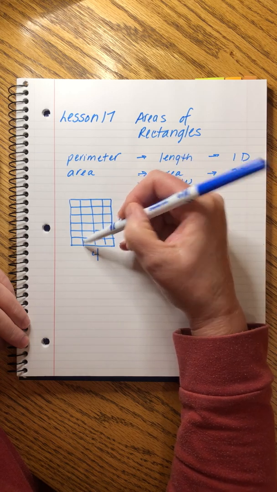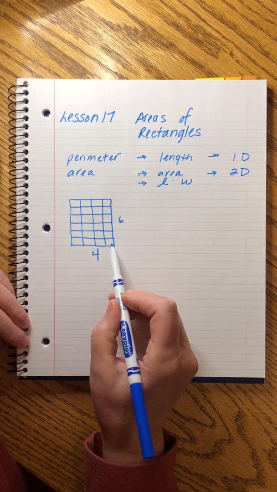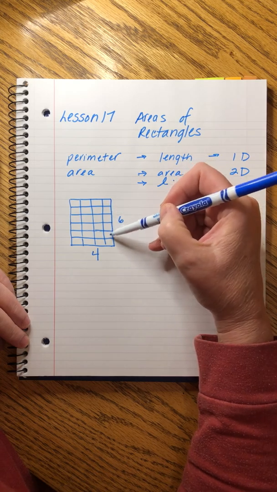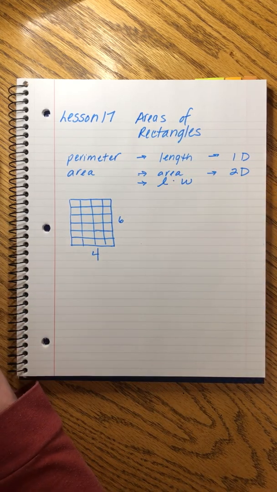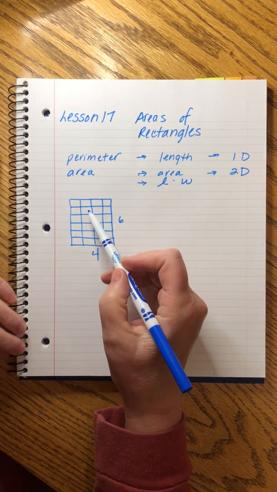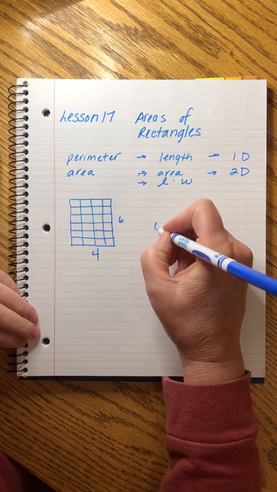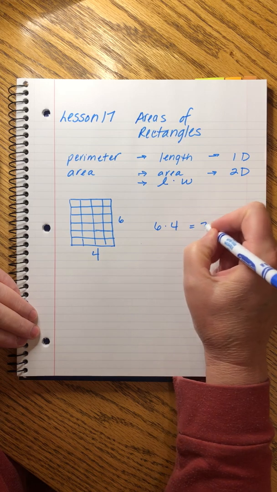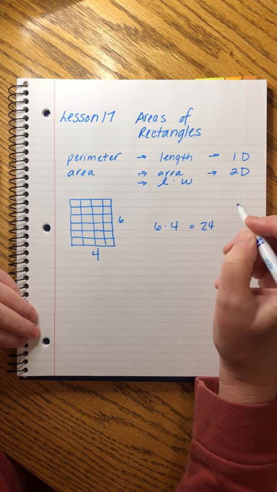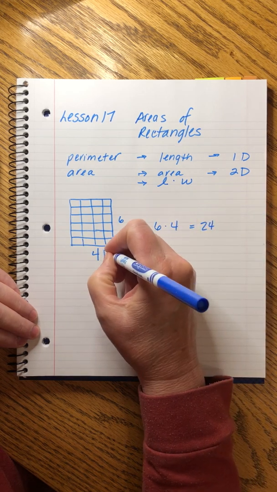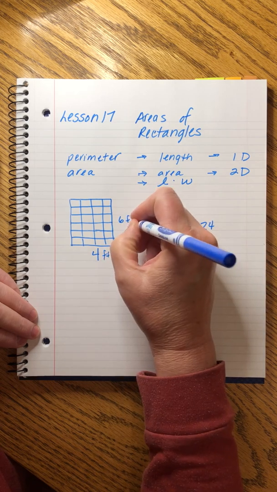Well, we'd have 4 going this way and 6 going this way. If you add those up, 6, 12, 18, 24, then you find out that 6 times 4 means it's 24. Let's just say feet, just to make it interesting.